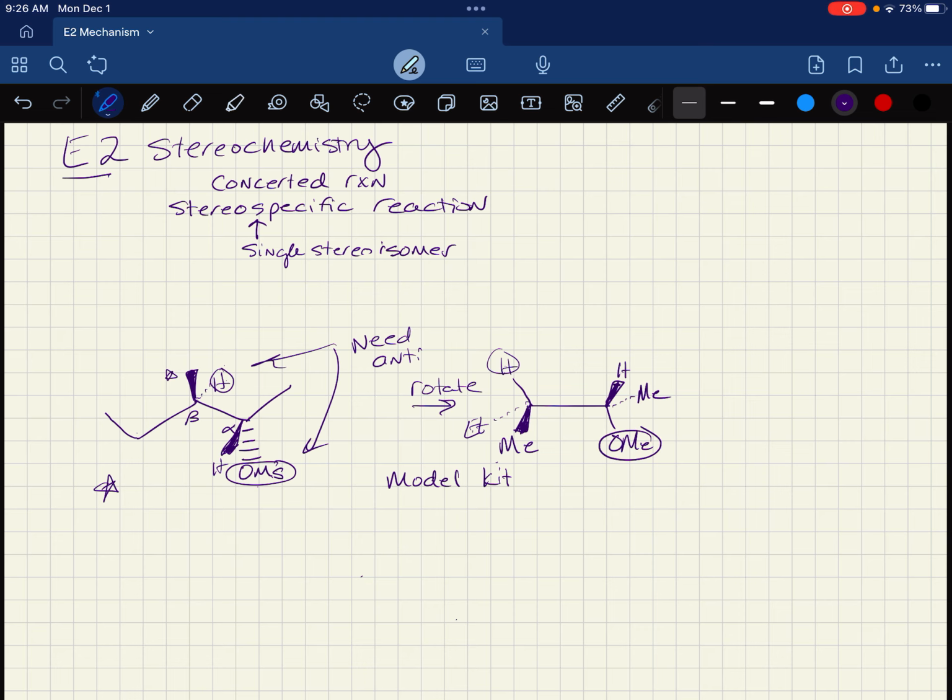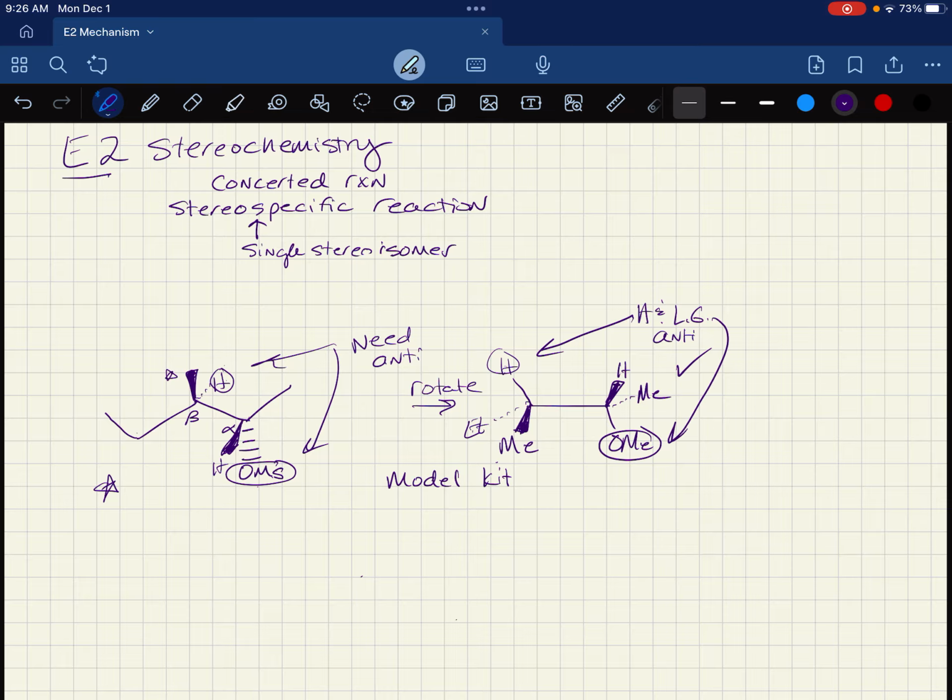All right, so now we have our hydrogen and our leaving group anti to one another. So now we have the setup that we need to actually carry out this reaction. One thing I didn't say here was what the base was.